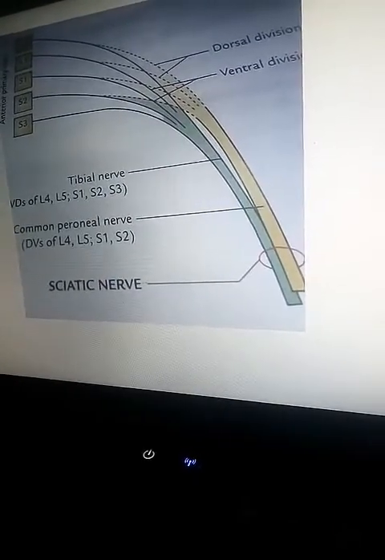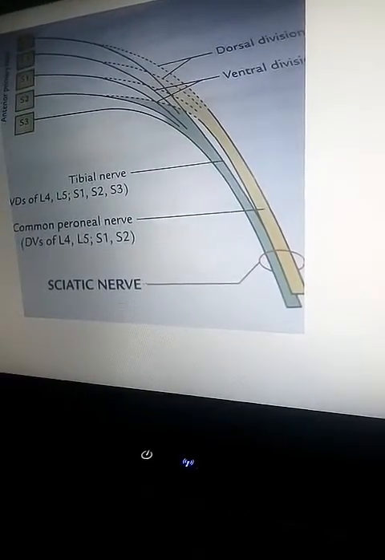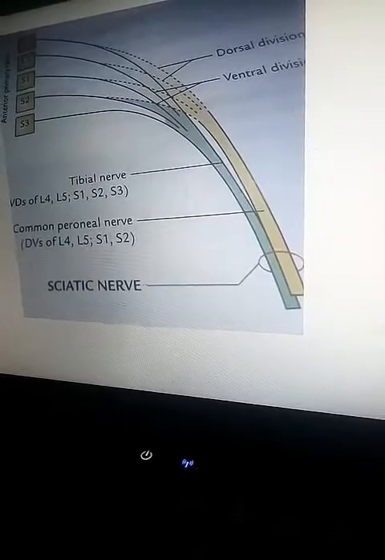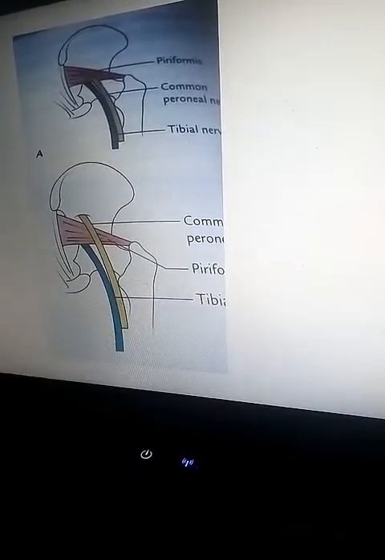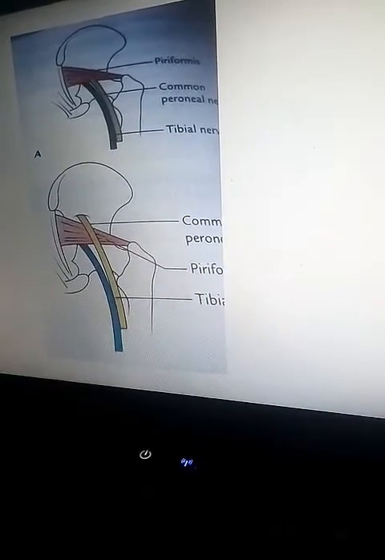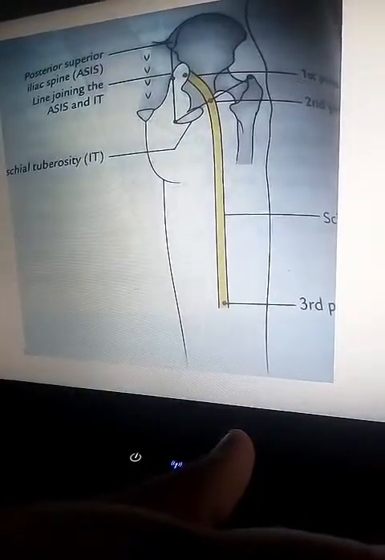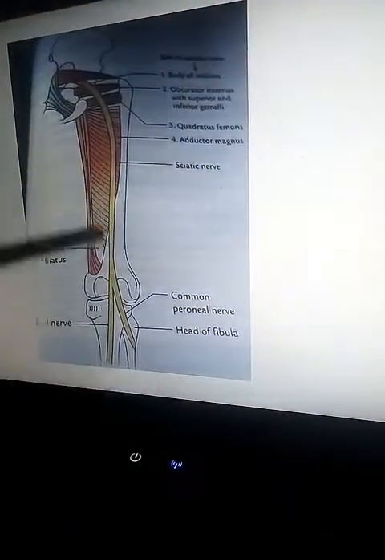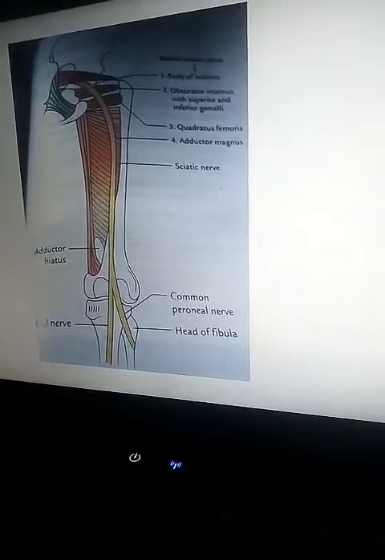The two parts are usually enclosed in a common sheath of connective tissue. It begins in the pelvis and terminates at or just above the superior angle of the popliteal fossa by dividing into tibial and common peroneal parts.